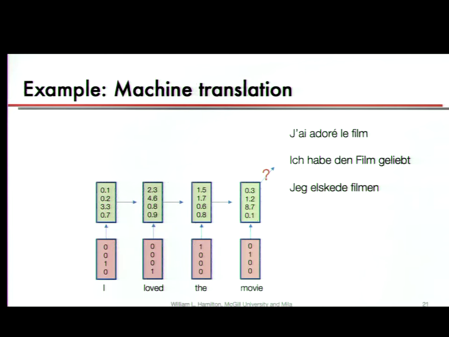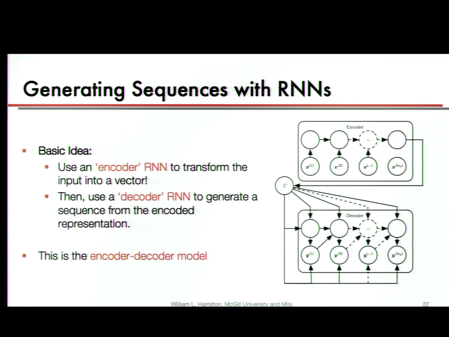Here's an example of the challenge: we're not just outputting sequences of a particular length. We want to translate "I love the movie" to, say, three different languages like French, German, and Dutch. Things could be of varying lengths, all kinds of different things going on. So this is very different from my language modeling task. How do we do that? Well, the basic idea is we first have what's called an encoder RNN.